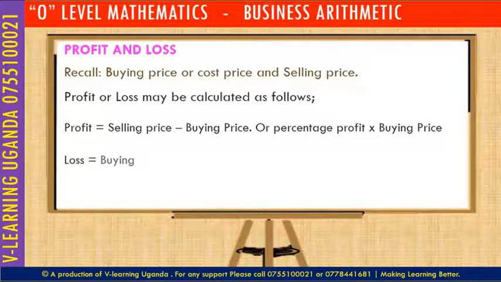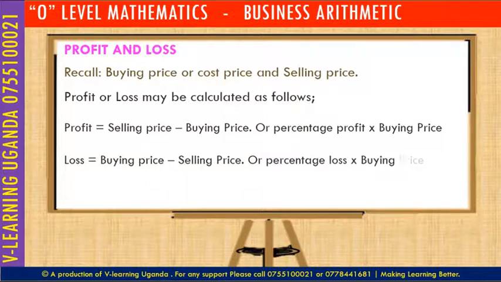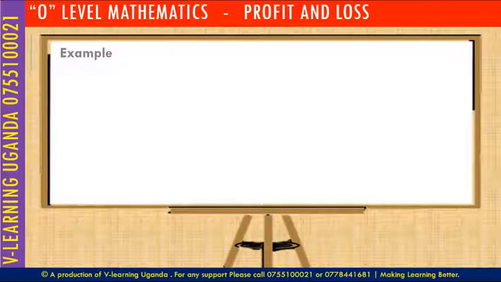So loss is the cost price minus selling price, or percentage loss times the buying price. As simple as that. Those two ways lead us to our first example, and we see how to apply them in calculating loss, percentage loss, selling price or cost price, whatever they ask.